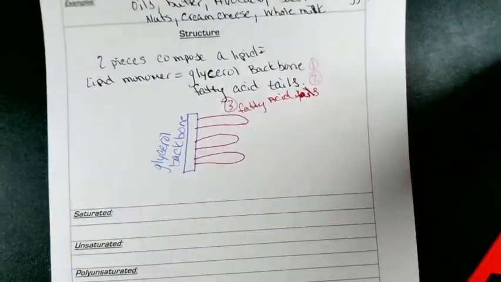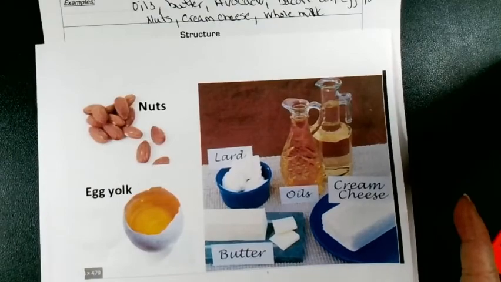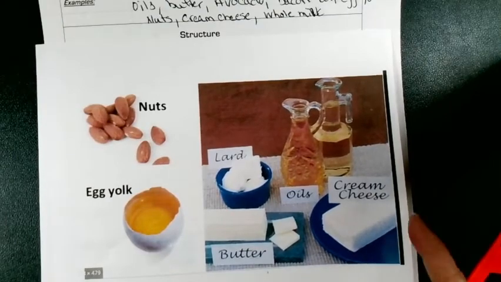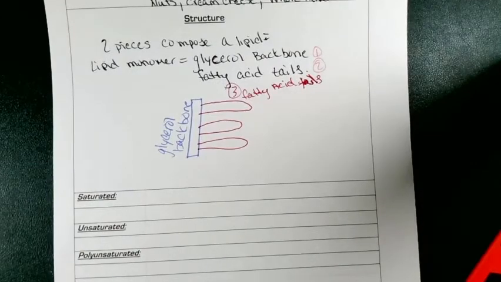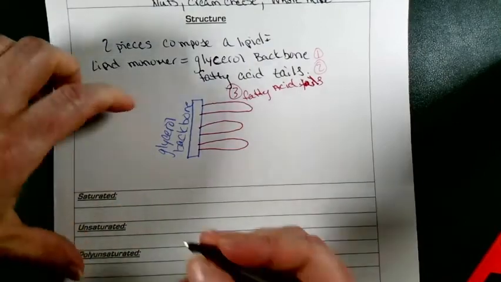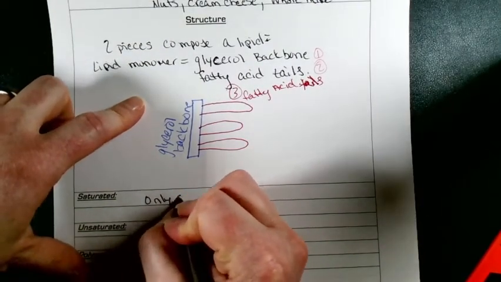So now we're going to move on. And like I said, some examples of a lipid. Now we're moving on to saturated and unsaturated, these terms. All saturated means is only single bonds are present.